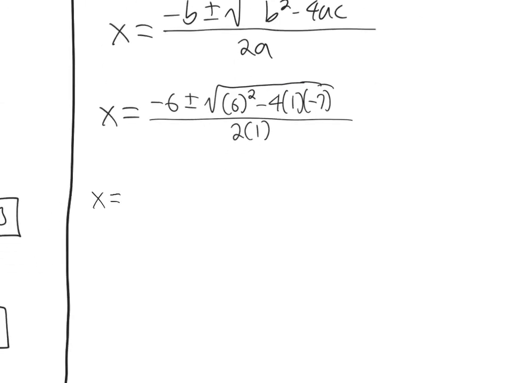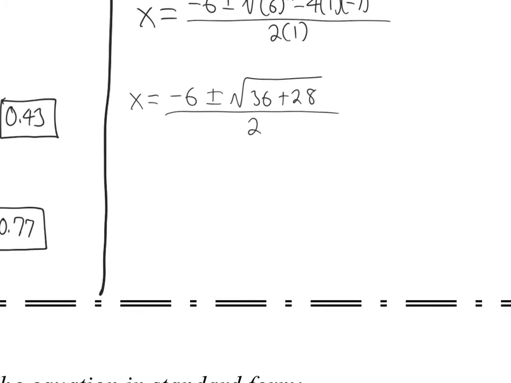So we have x equals -6 plus or minus the square root of 6 squared, which is 36, minus 4 times 1 times -7, which is positive 28, all over 2 times 1, which is 2. So now we have x equals -6 plus or minus the square root of 36 plus 28, which is 64, all over 2.